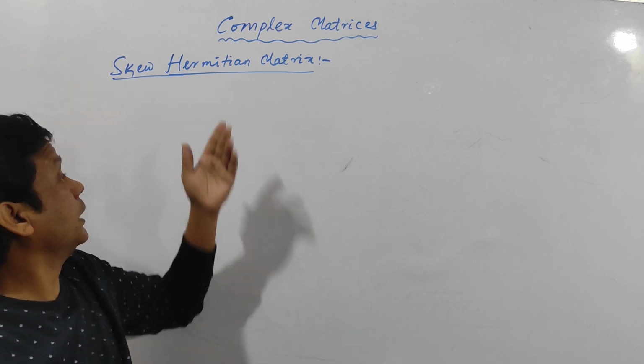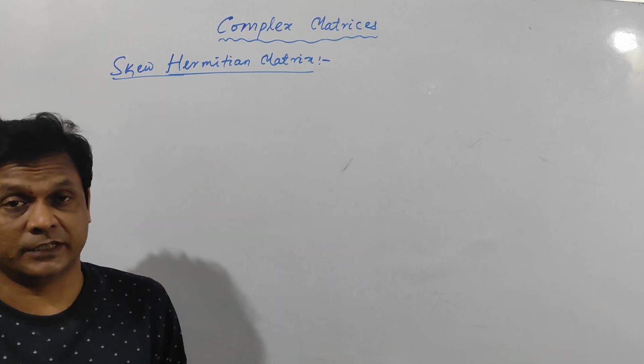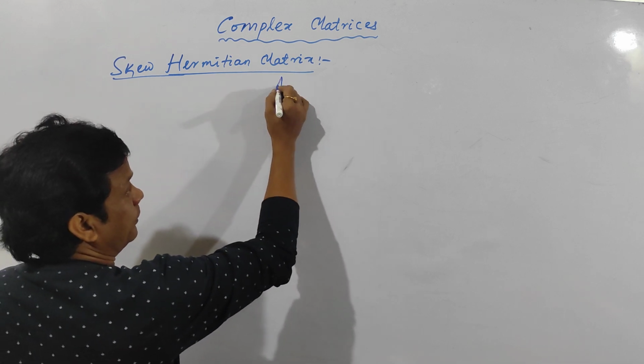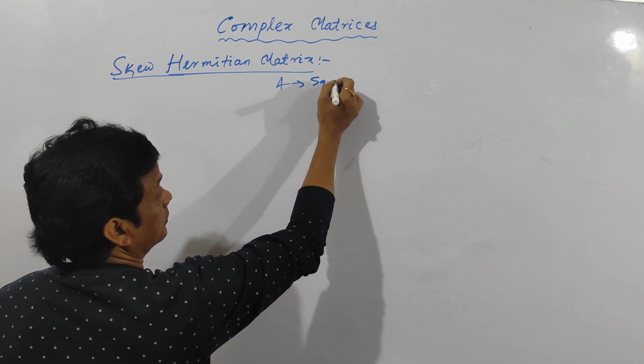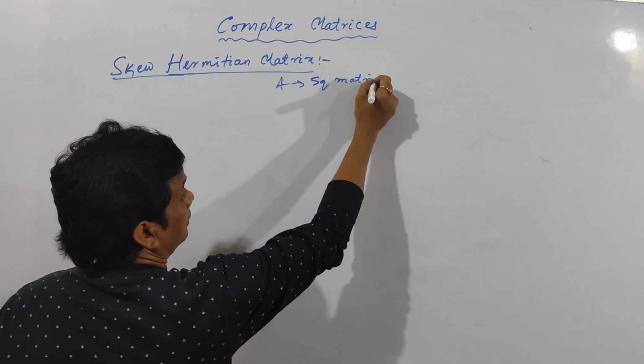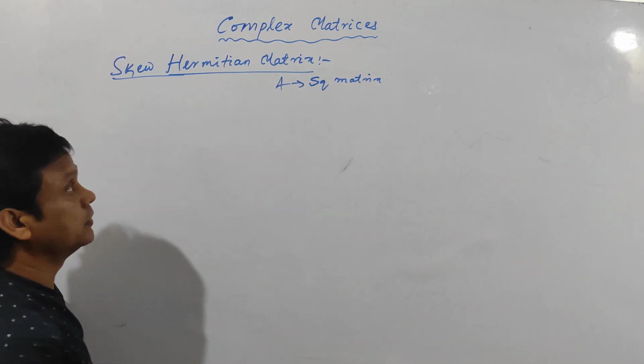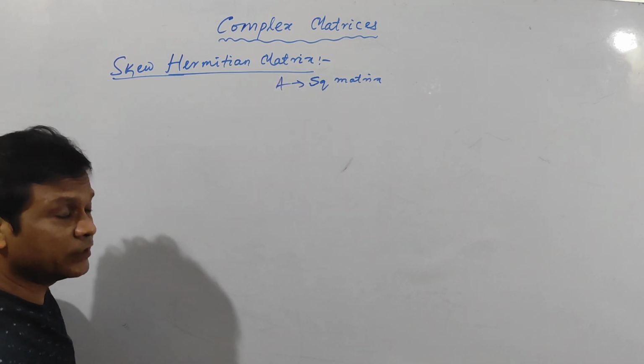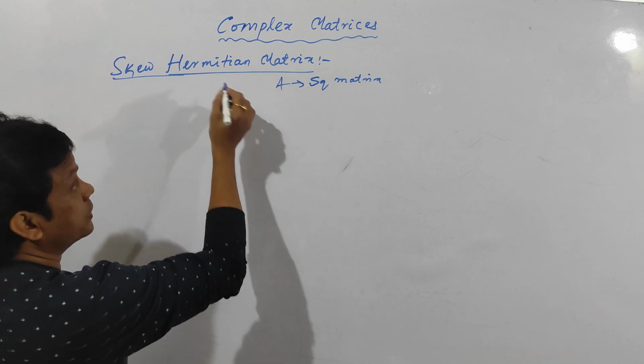Now, I will tell you about skew Hermitian matrix. A is a square matrix. Clear? Now, the question is under what condition A is said to be skew Hermitian matrix.